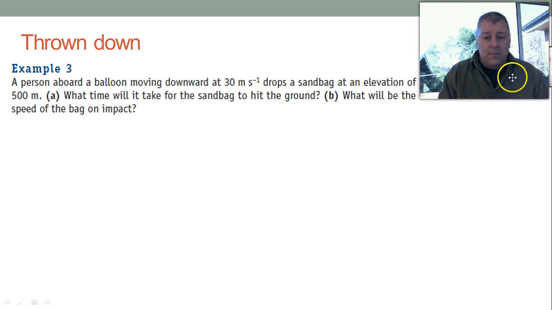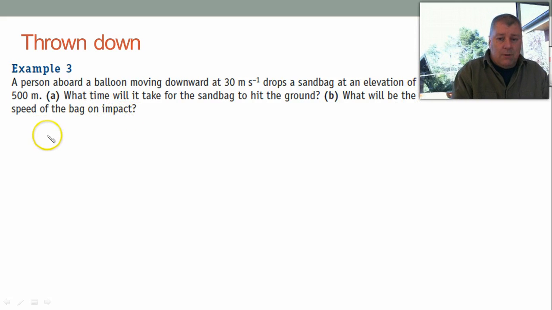Okay, in this one we have a balloon moving downwards at 30 meters per second, which drops a sandbag at a height of 500 meters. What time will it take? So there's our time question again, and what will be the speed that it impacts with.